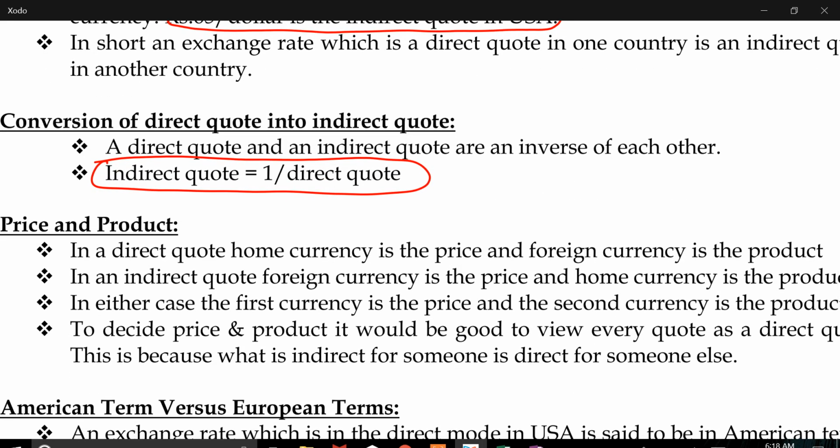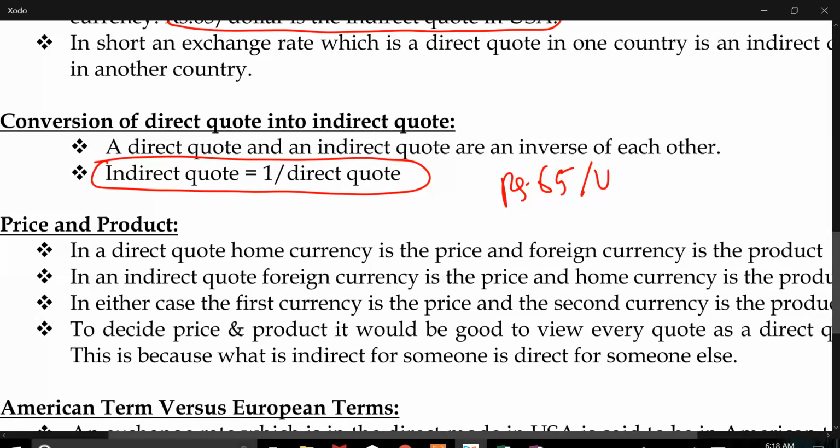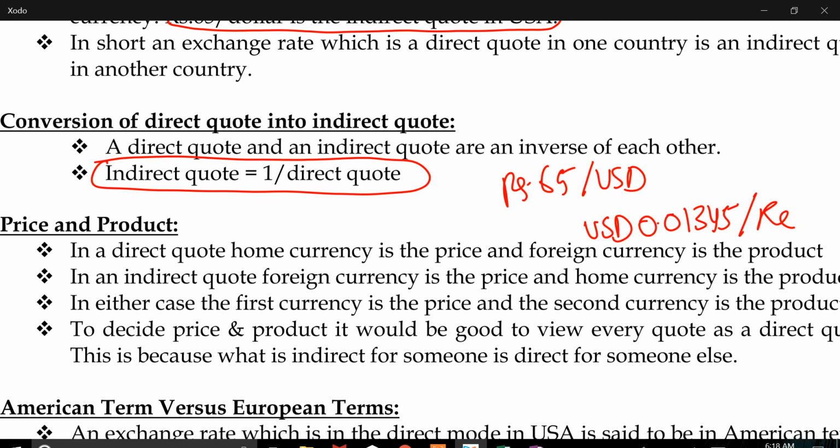Next comes price and product. I've already explained what is price and what is product. To cut it short, whatever be the quote, it can be rupees 65 per USD or USD 0.013 per rupee, whether direct quote or indirect quote, I am least bothered. The first currency is called the price, the second currency is called the product.